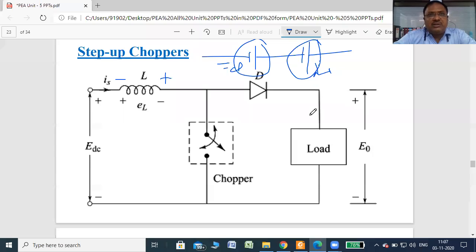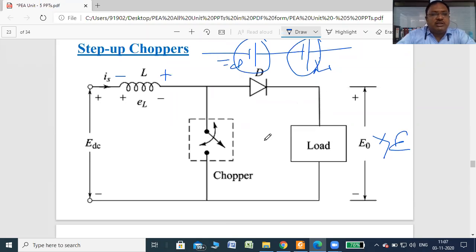So the energy stored across the inductor gets added to the EDC, and the total voltage is delivered to the load. So E0 is greater than EDC. The output voltage is greater than or equal to EDC, right? So this is the working of a step up chopper.